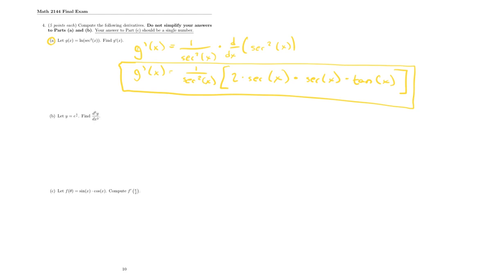So for the next one, I'm asked to find the second derivative of this. So let's write y prime. So I'm going to need to use chain rule. The outside function is e to the stuff, so it's going to be e to the 1 over x times the derivative of 1 over x, which would be, well, let's think of that 1 over x as x to the minus 1.